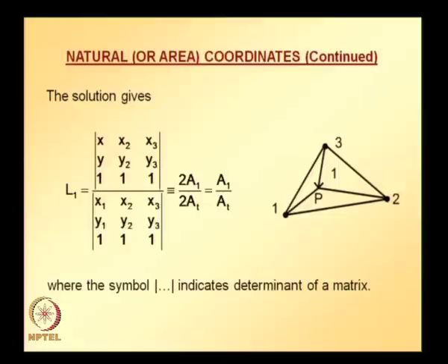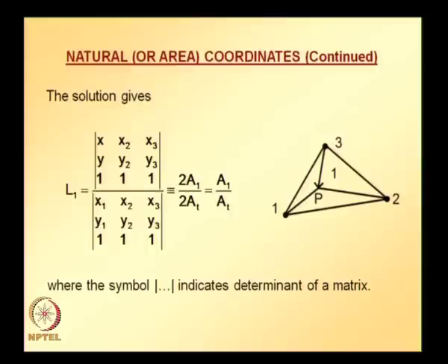So, L1 is the determinant of the matrix consisting of x y 1, x2 y2 1, x3 y3 1 divided by the determinant of the matrix consisting of x1 y1 1, x2 y2 1, x3 y3 1.